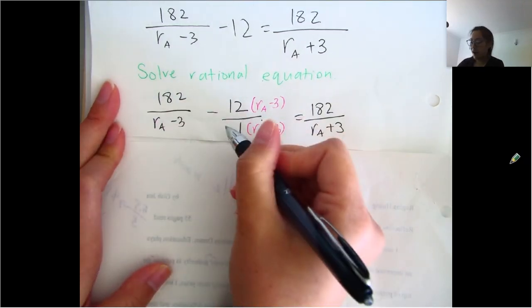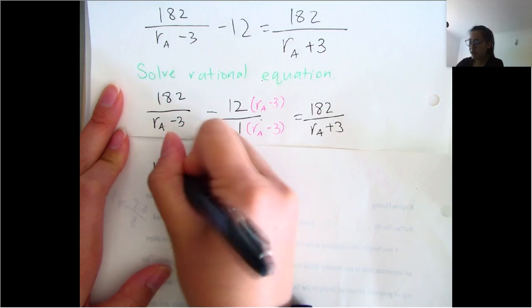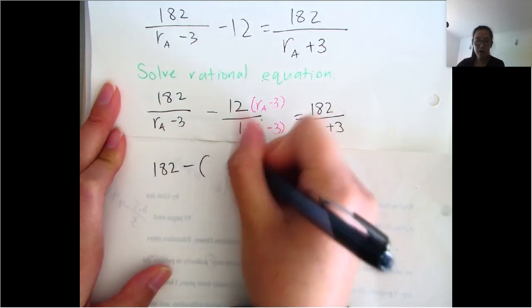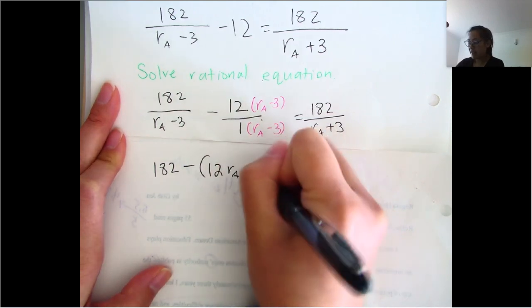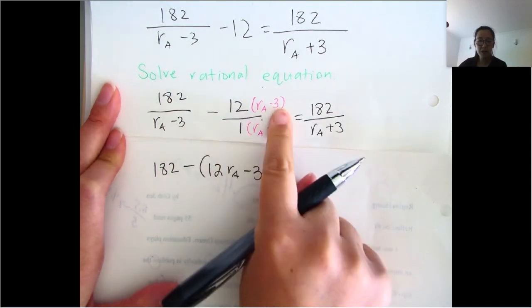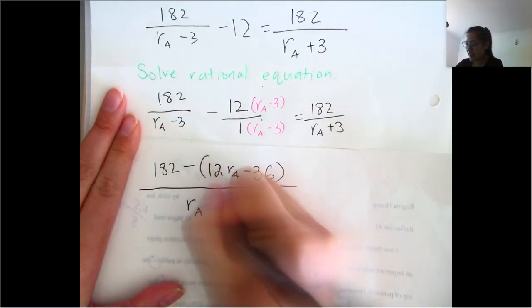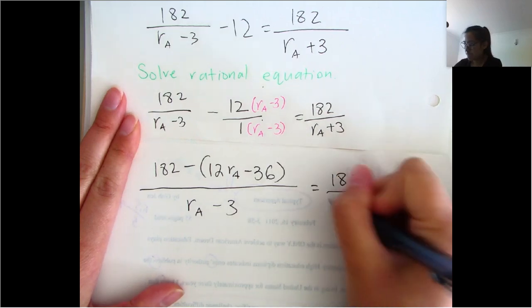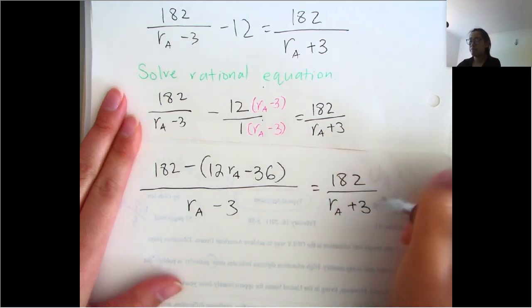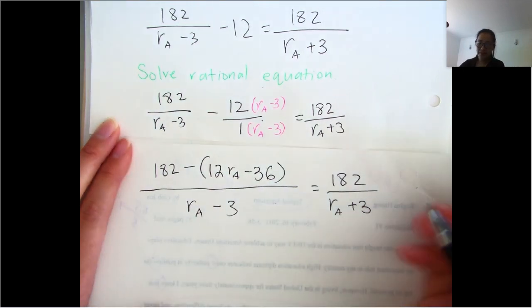Okay, so over here, we'll distribute that 12, and so you have 182 minus all of 12 R sub A minus 36, because 12 times 3 is 36, all over R sub A minus 3. And then again, we'll distribute this minus sign and simplify here.